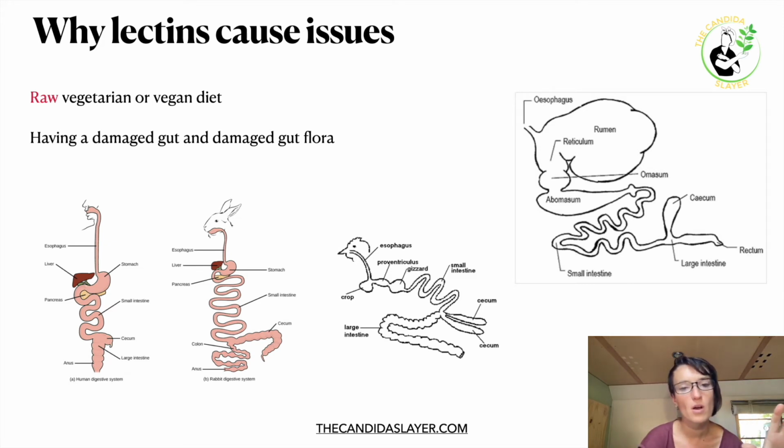The crop starts the germination process and the fermentation process of seeds. The cecum ferments the food. So germination and fermentation is how you eliminate most anti-nutrients, and that's how you digest most plant foods. The rabbit, look how big the cecum of the rabbit is.